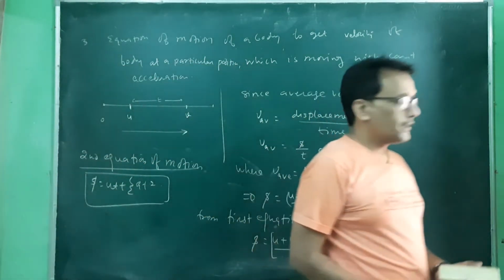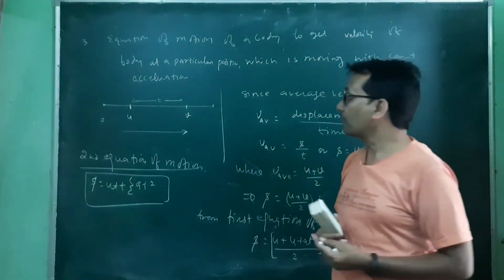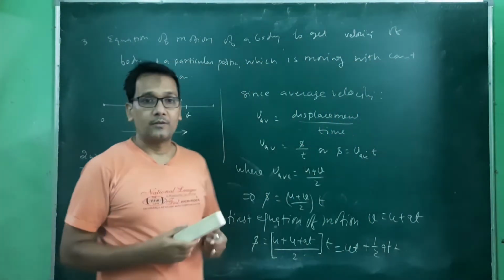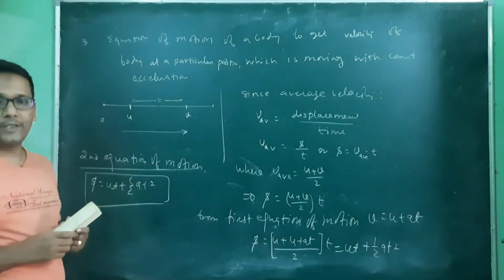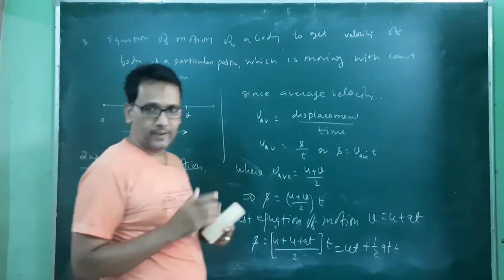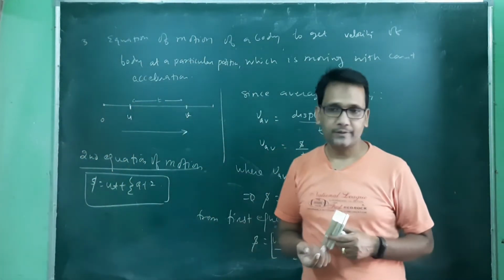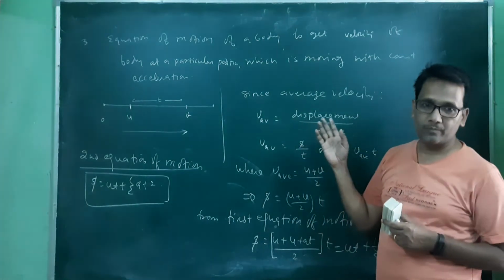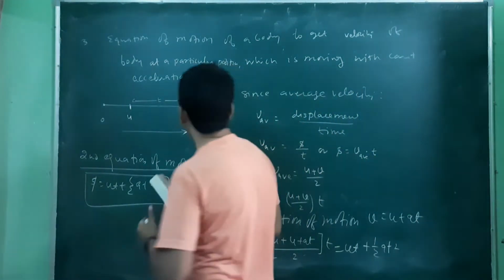So when a body is moving with constant acceleration and we want to calculate the final velocity of a body at a particular position. The first equation is to get the velocity after a particular time. So this is after covering a particular distance.